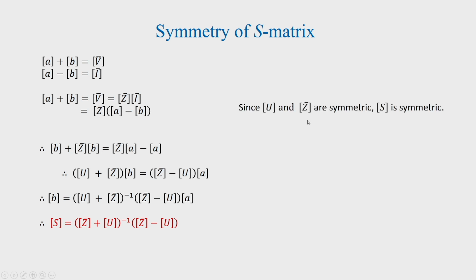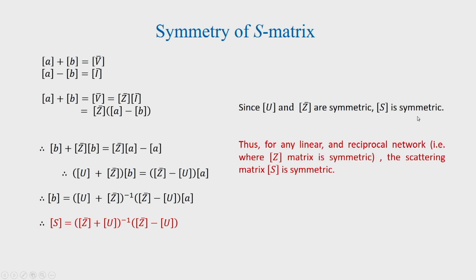Now, since U and Z bar are symmetric, S is also symmetric, and therefore, for any linear and reciprocal network, that is where the Z matrix is symmetric, the scattering matrix S is also symmetric.